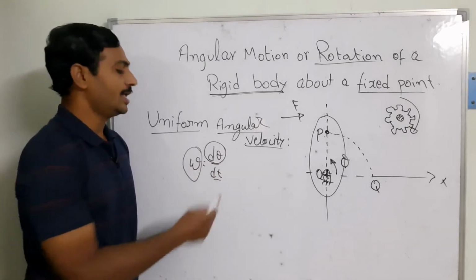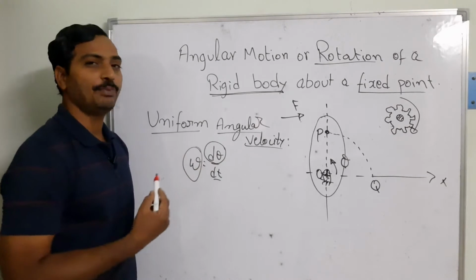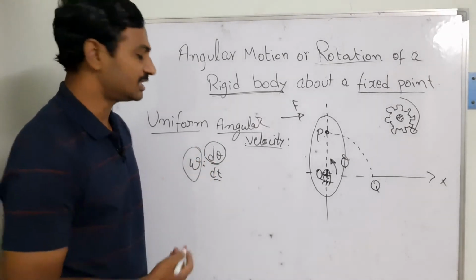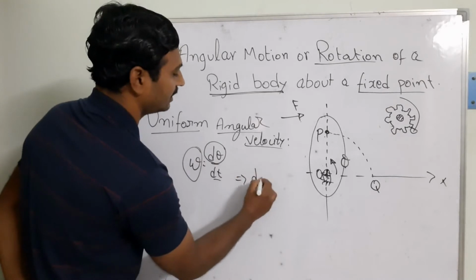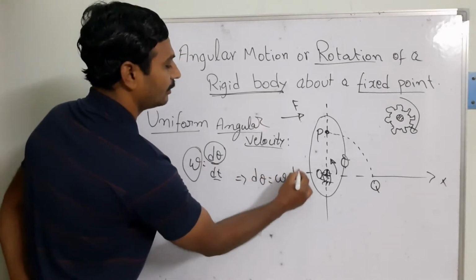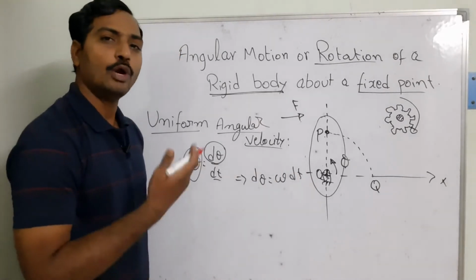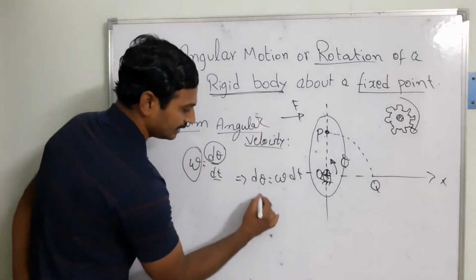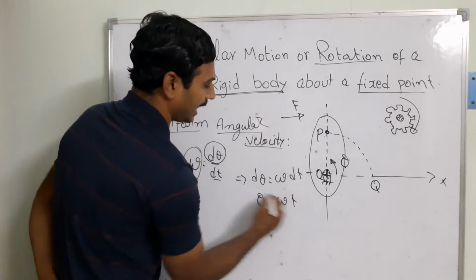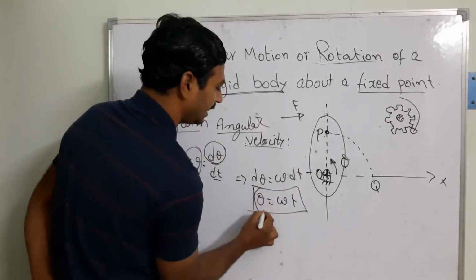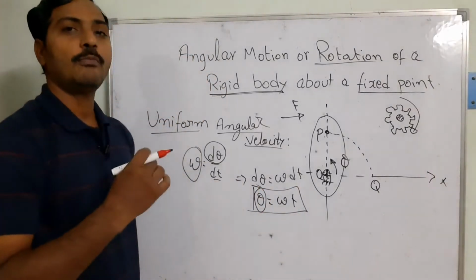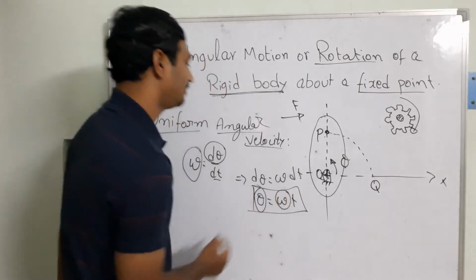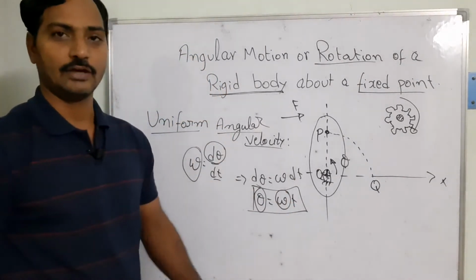To find the uniform angular displacement, d theta is equal to omega into dt. Simplifying, since it covers only uniform displacement, theta is equal to omega t. So theta here is the uniform angular displacement, and the angular velocity is the uniform angular velocity.